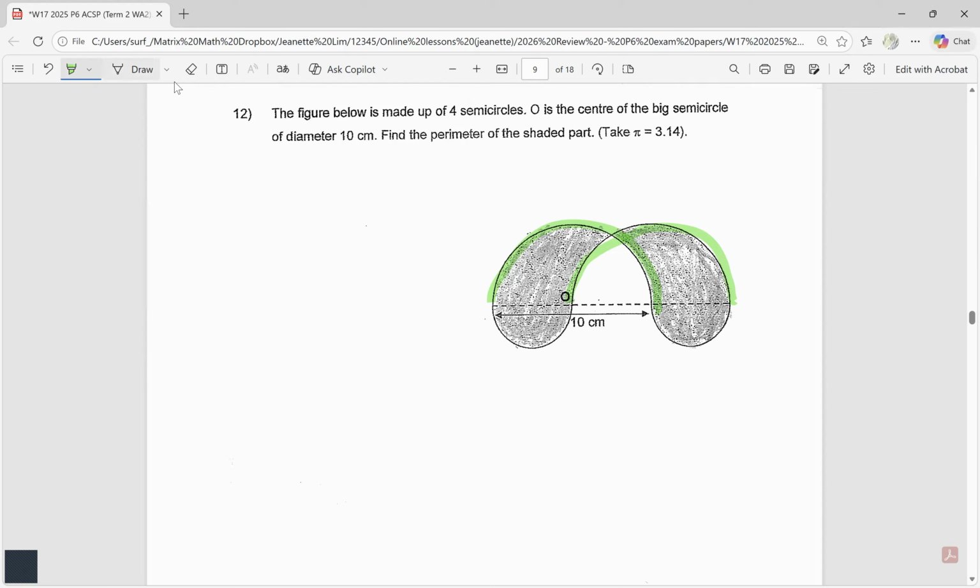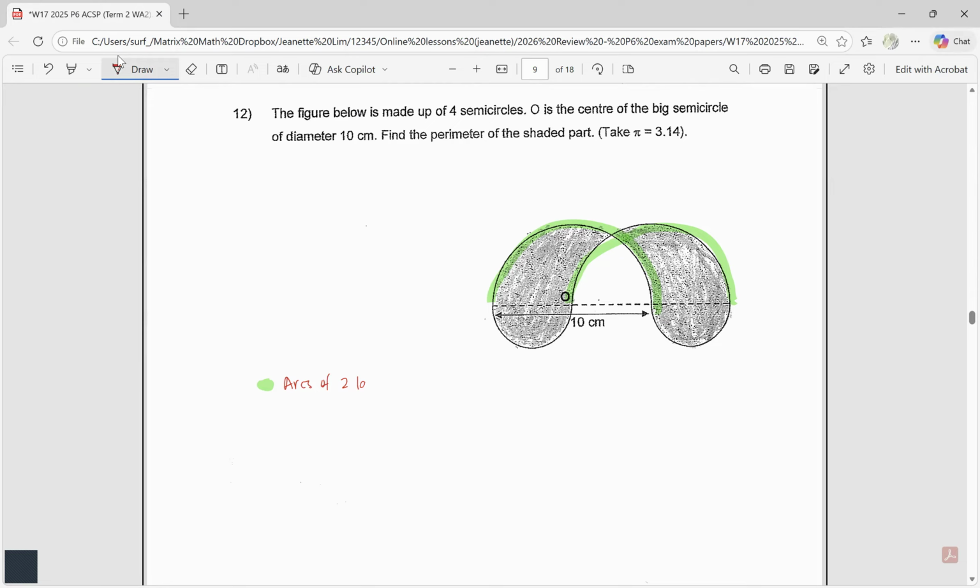Okay, two semicircles will give us one full circle. So for this step here, the one for the green ones, right? Those will be the arcs of two large semicircles. Just write semi. So this is the same as one full circle.